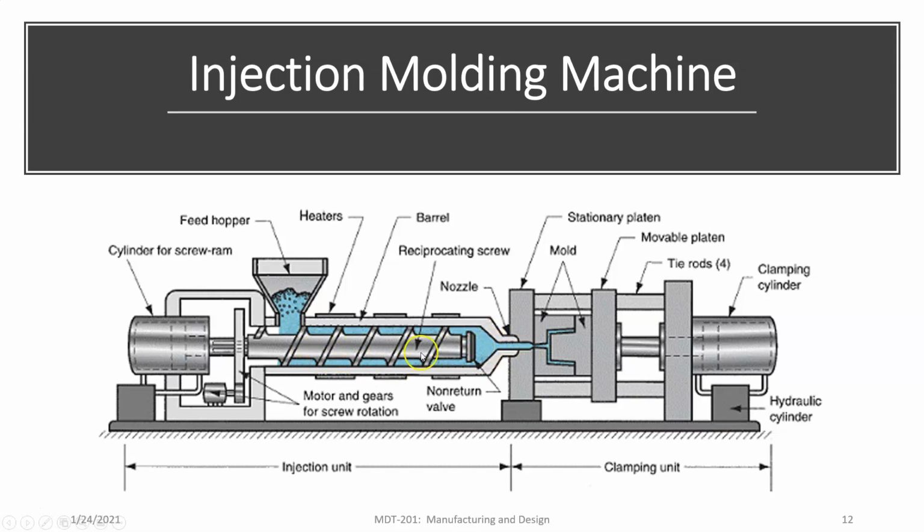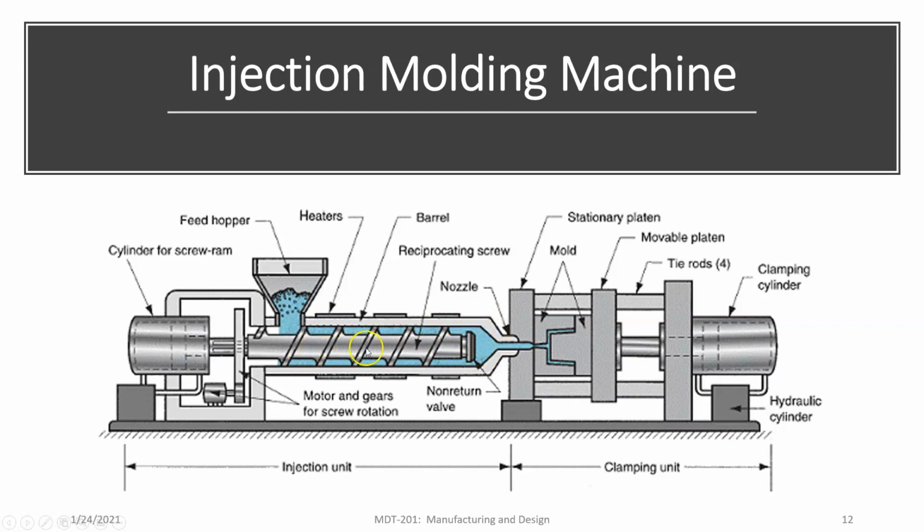Now, the screw thread is also heated. This whole chamber is heated, and I think you can see these little rectangles above and below. Those are signifying the heating elements, right? So this whole area is heated. So the pellets are going to gradually get softer and softer until they melt at this end right here.